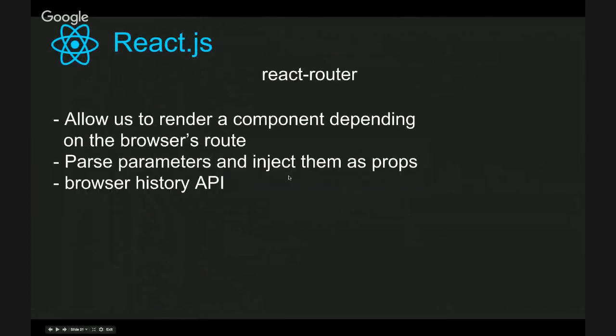React Router is a component that allows us to render a different component depending on the browser route. It will also parse the parameters and inject them through props into our component, and it also provides a shim to work against the browser history API.